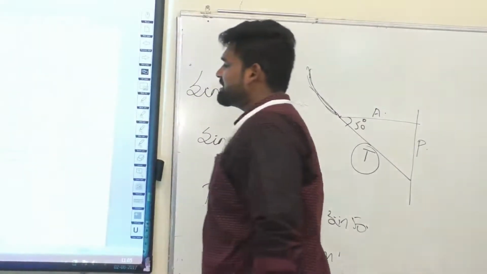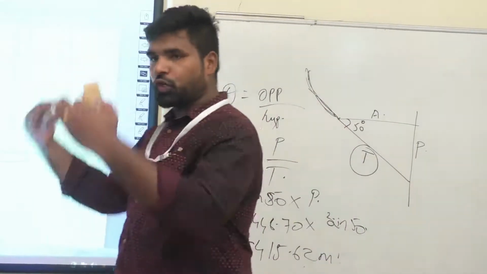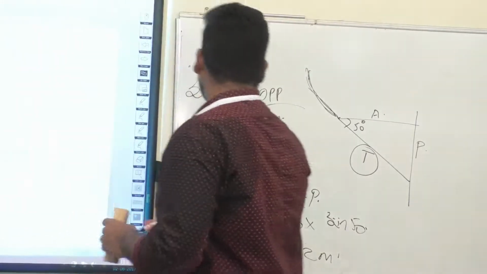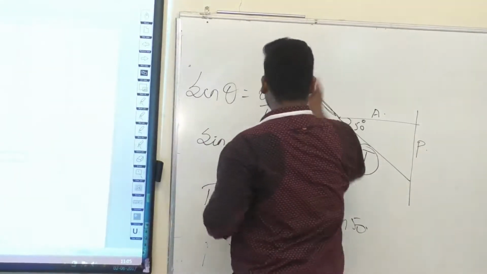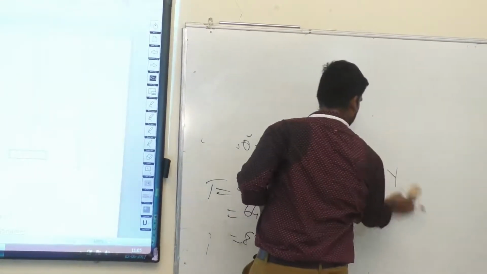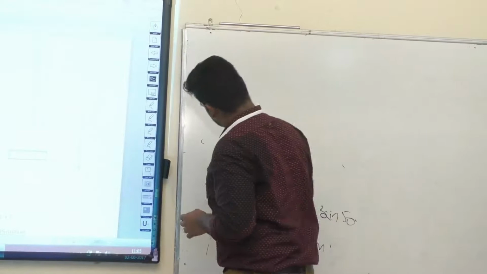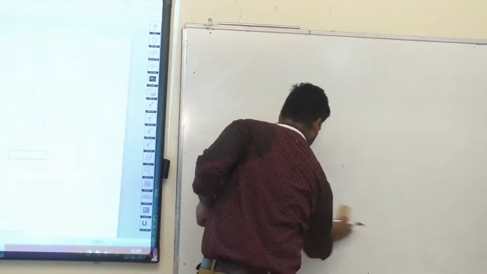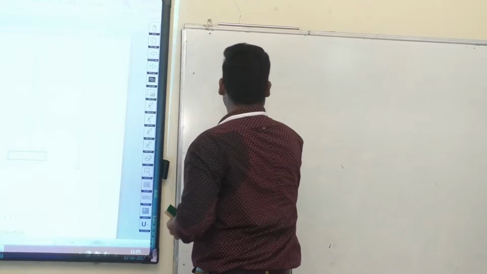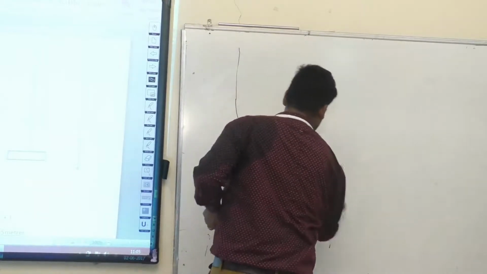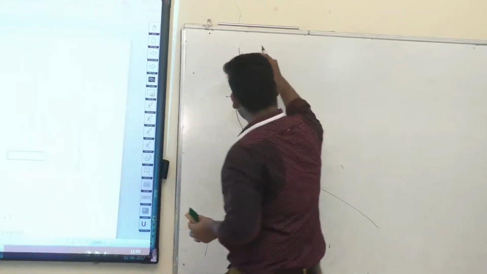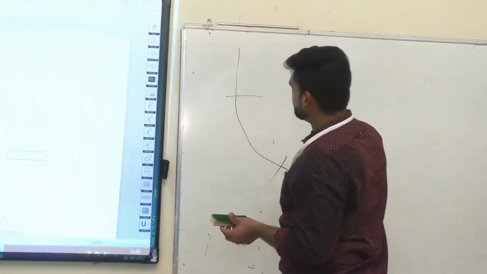So what is the final section right now? What is the length of the total borehole? What is the measured length of the total borehole? You have the section like this, and you have your relief well like this.